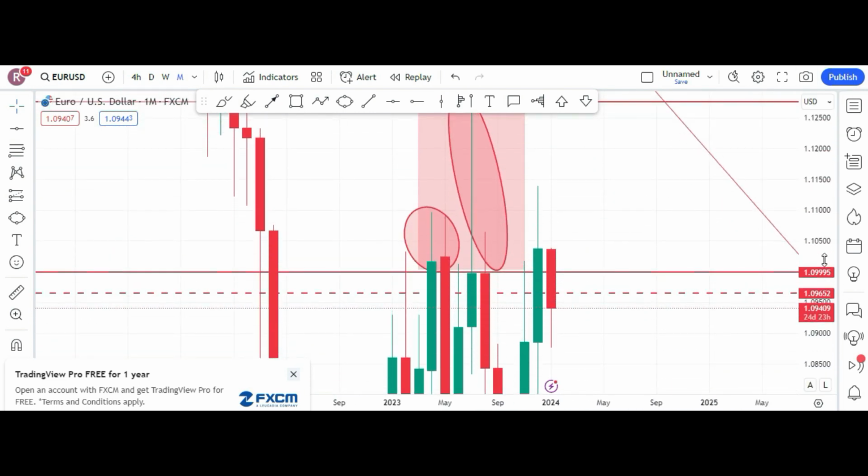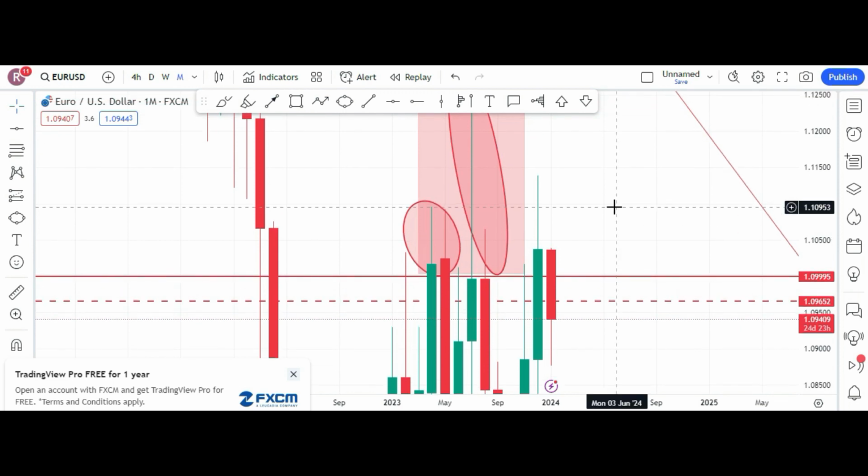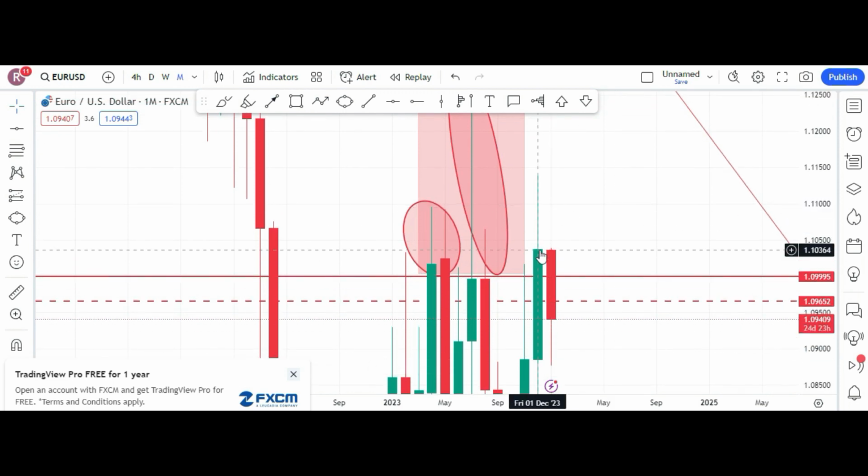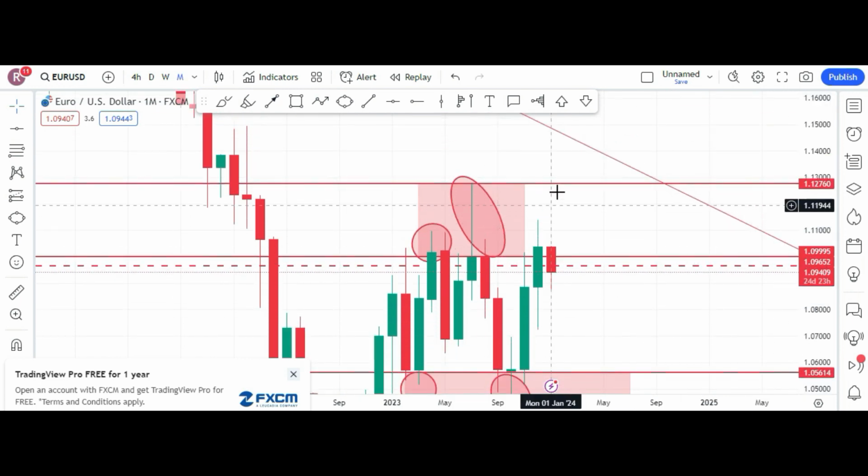If we zoom in, you can see in December it tried to break the upside, but it failed. It must pass the tip of this shadow to get more bullish if it wants to, and it failed in December.